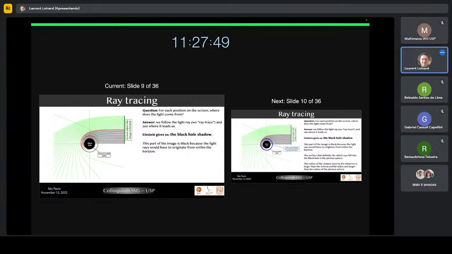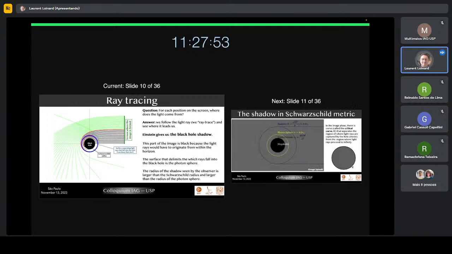In fact, you can define a circle in that diagram, which I marked in blue here, which is precisely the border between what will and what won't fall inside of the black hole. Every light ray that crosses this blue border falls into the black hole, including the red one.